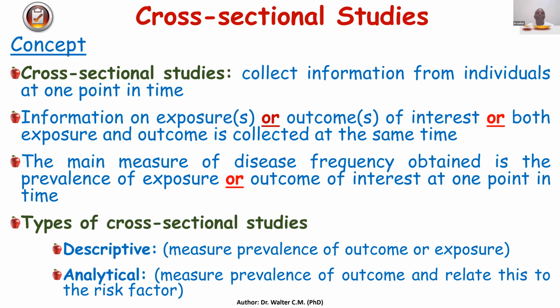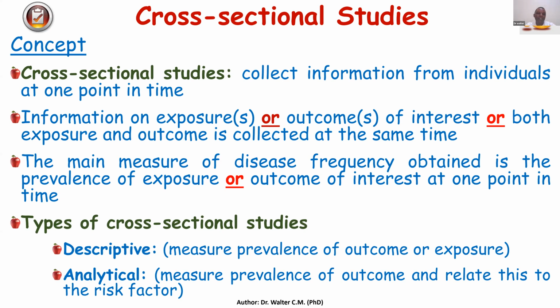So the main measure of disease frequency obtained is what we call the prevalence of the exposure or outcome of interest at one point in time. The major characteristic is that you collect data at a single point of time. But you can study exposure, outcome, or both of them.